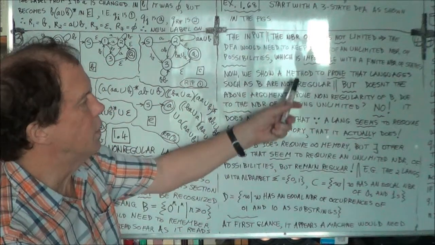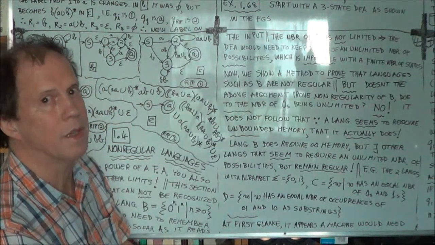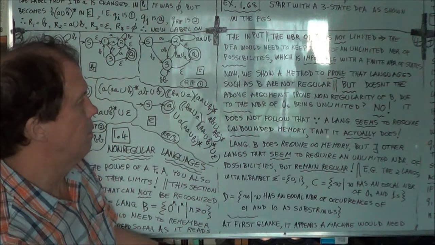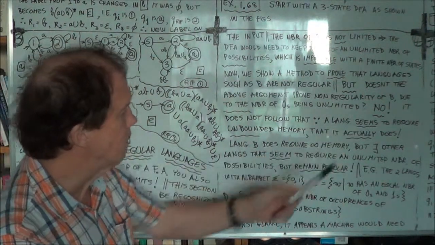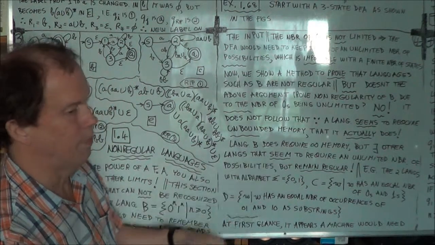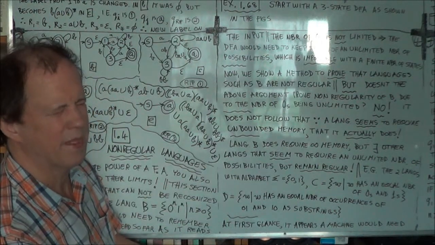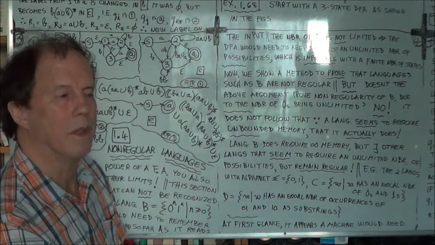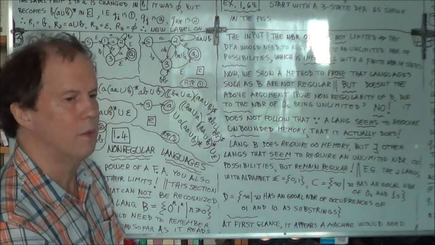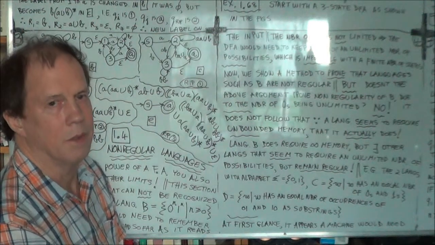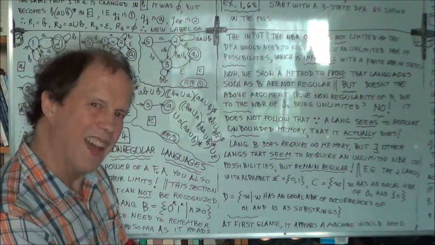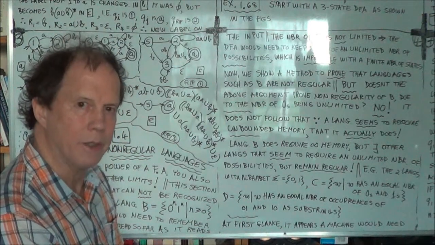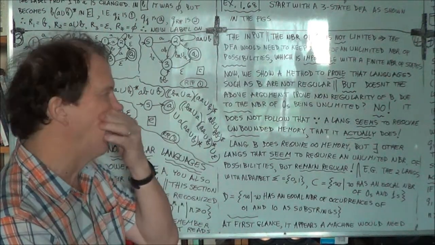And that's what you're being warned against, because appearances can be deceptive. You can be fooled. There are languages that look as though they're non-regular, as though there's no finite automaton that could recognize them, but in fact they are regular. There is some finite automaton that can recognize them.